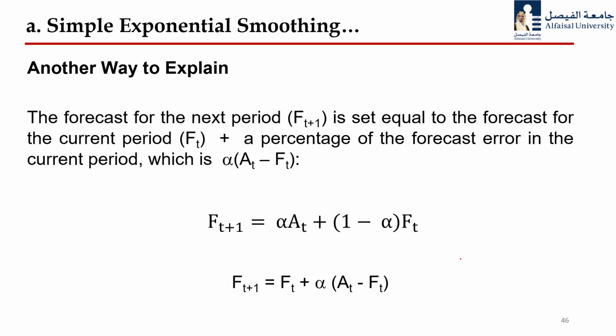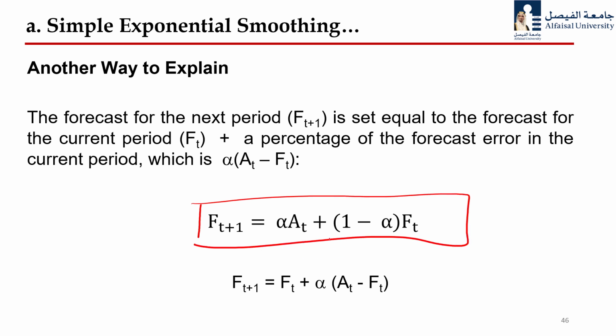There is another way to explain simple exponential smoothing. We know this formula. If we simplify it and multiply this out, this is going to be alpha times the actual plus Ft minus alpha Ft. So we can write it like this.